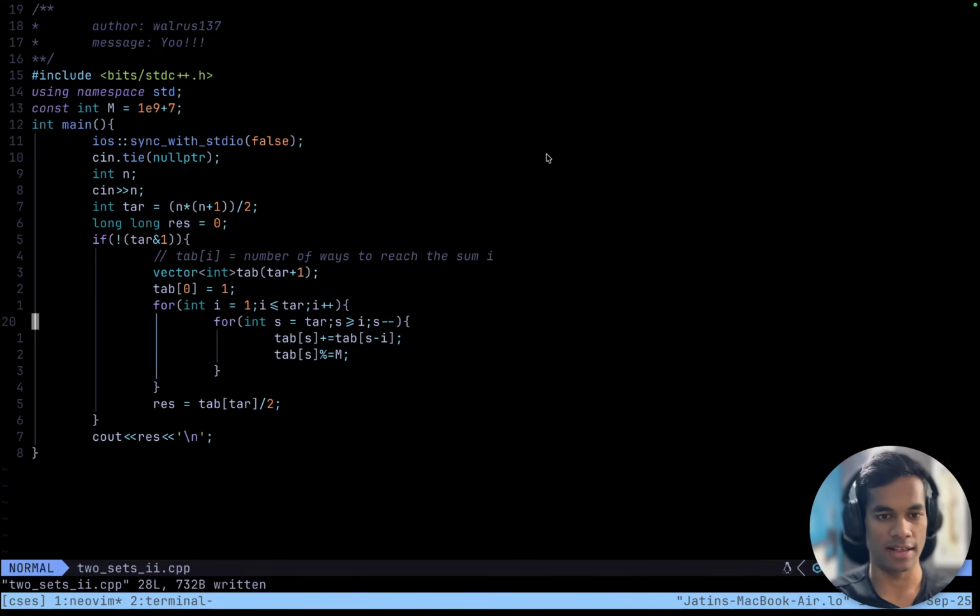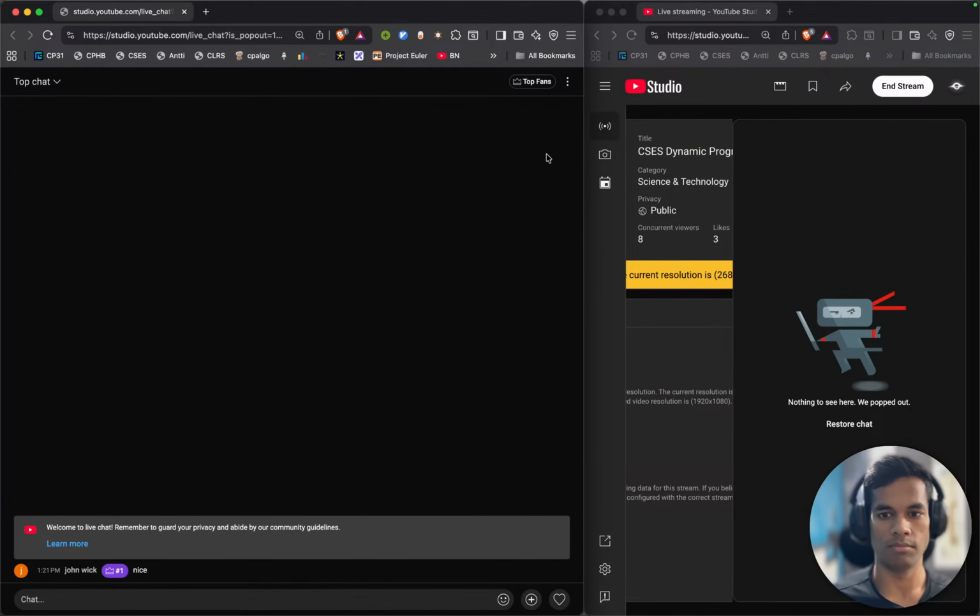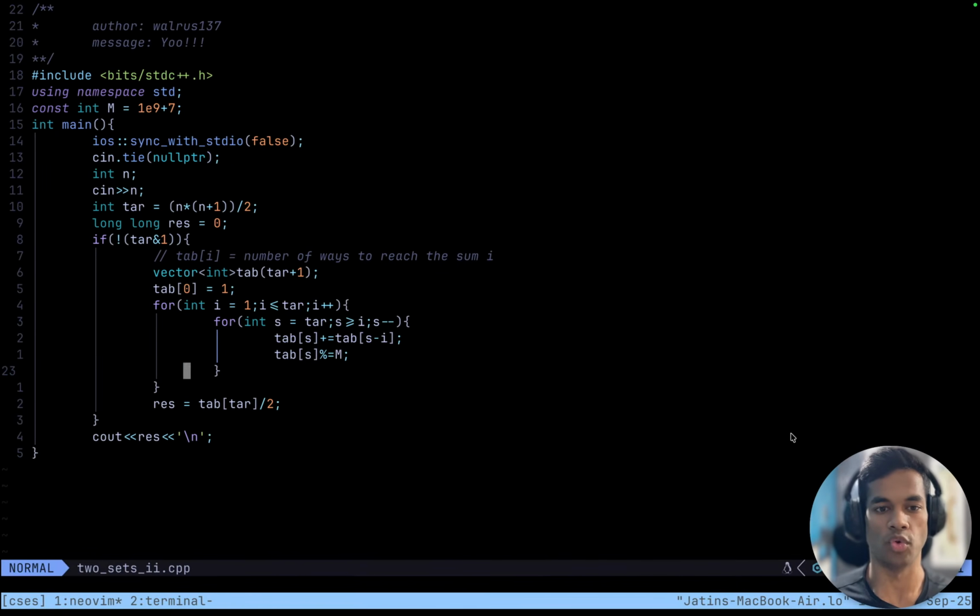The tab size is target plus 1, and the number of ways to get to a sum of 0 is 1, for int i equals 0. This is supposed to be correct, but yeah, it is not working.